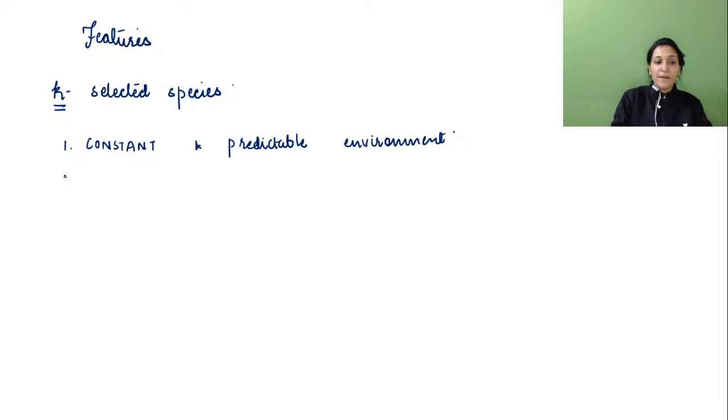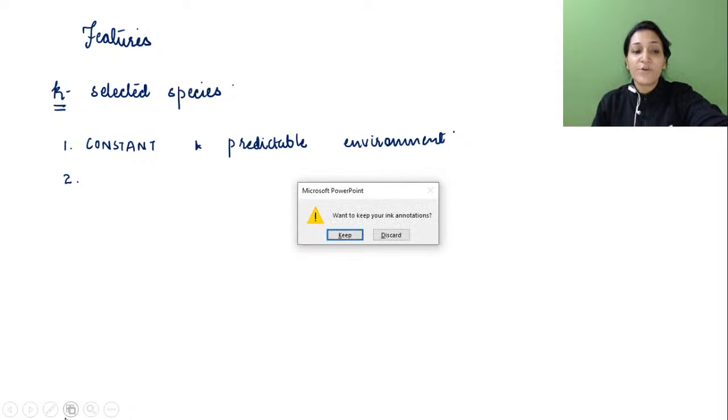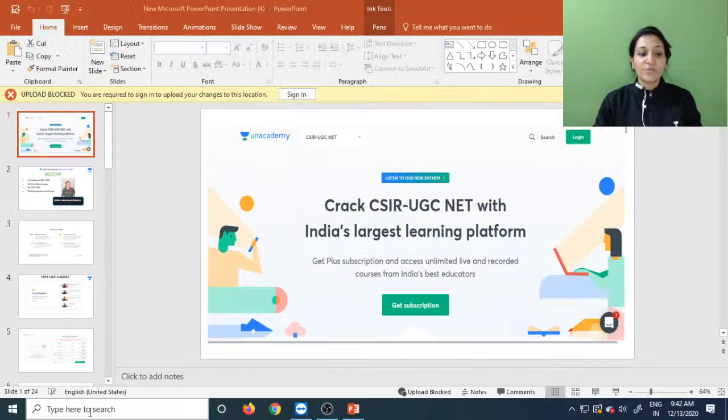When we are talking about the survivorship curve, we need to see the curve also, that what curve we need to make for K selected species and for R selected species. So we will see that.